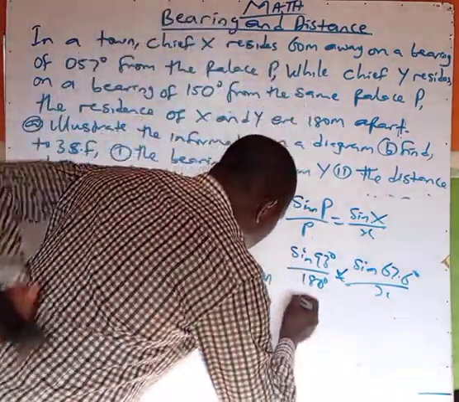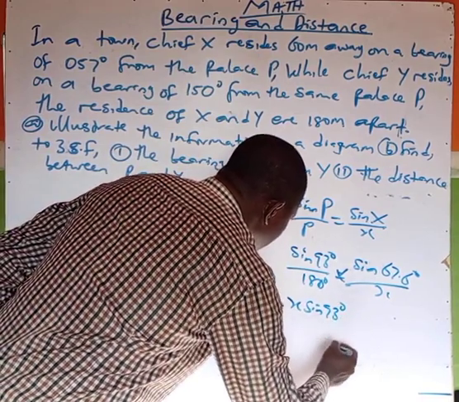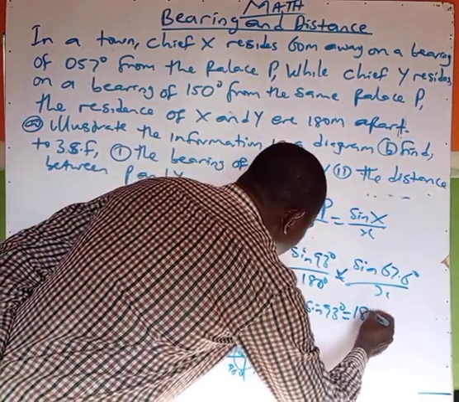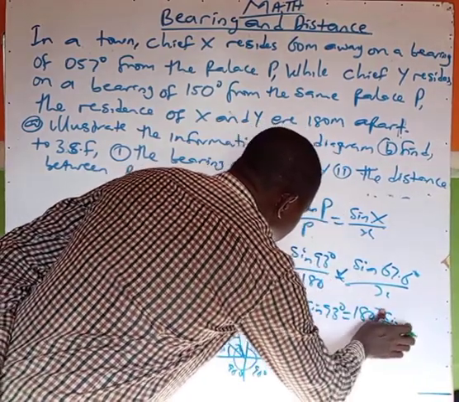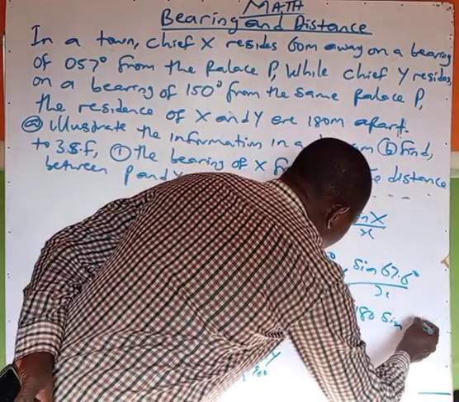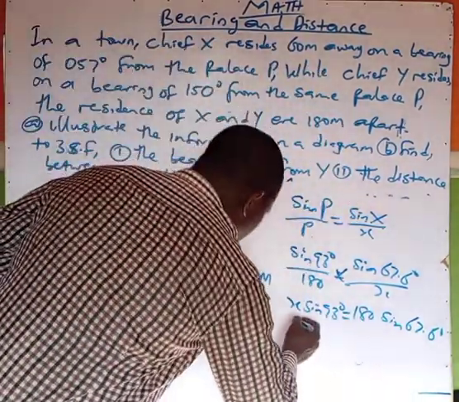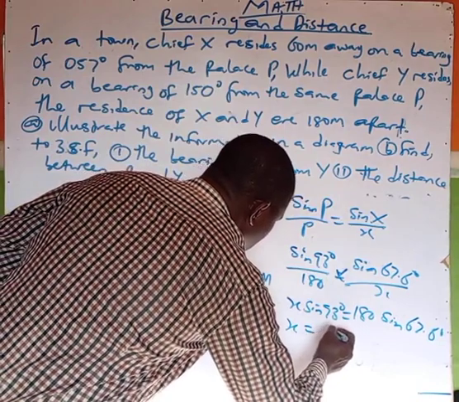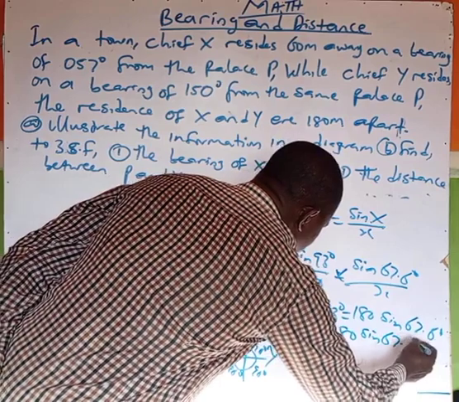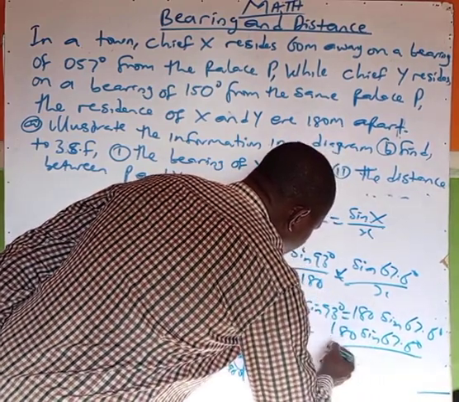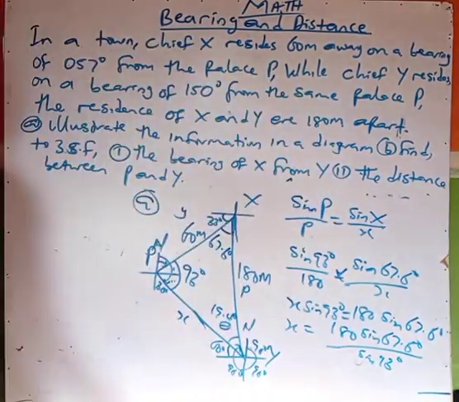If you cross multiply, you will have x sine 93 degrees equal to 180 sine 67.6 degrees. So this one will give you x equal to 180 sine 67.6 degrees divided by sine 93 degrees.